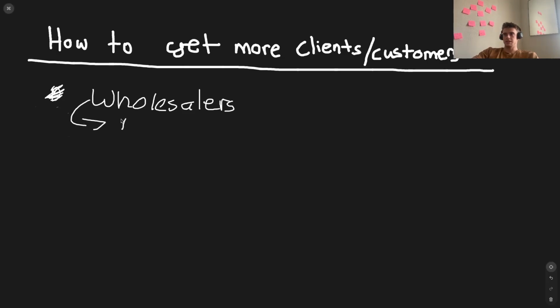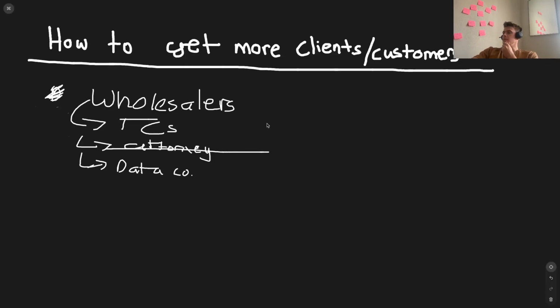So who sells to wholesalers? You've got TCs, you've got attorneys. However, attorneys can't really disclose who they work with, so this might not be an answer. You've got data companies.